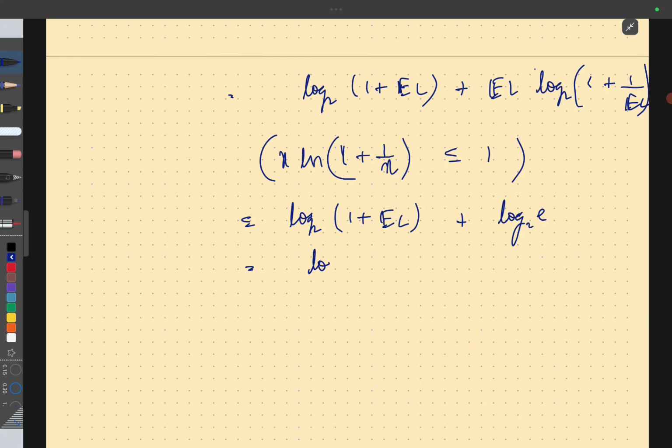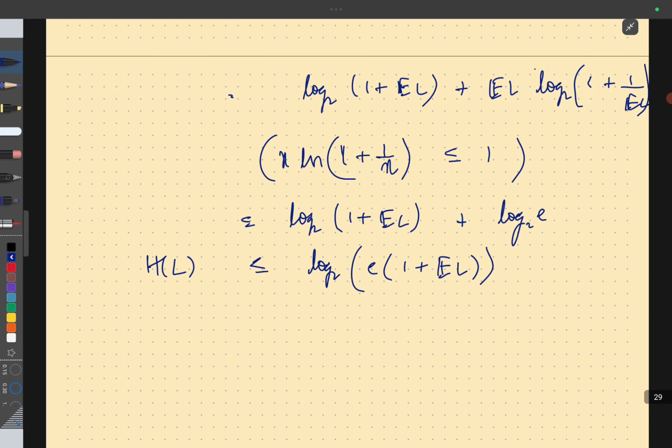Right, so this is equal to log of e times 1 plus expectation of L. Right, this is my H(L), less than or equal to log of e times 1 plus expectation of L. What I want to show is that H(L) is less than or equal to log of e times 1 plus entropy of Xn.